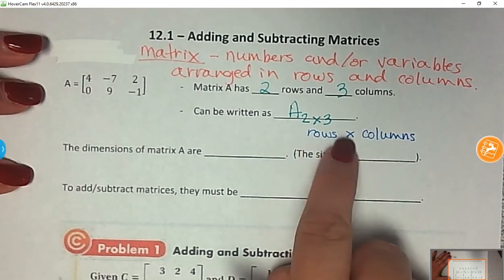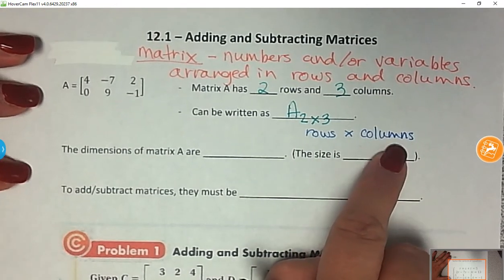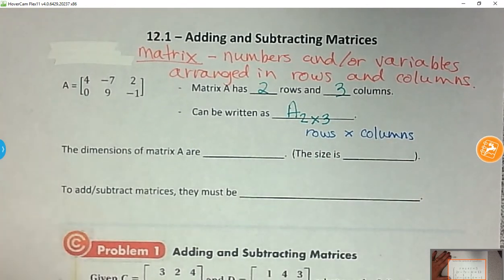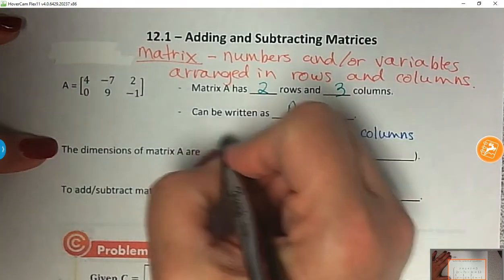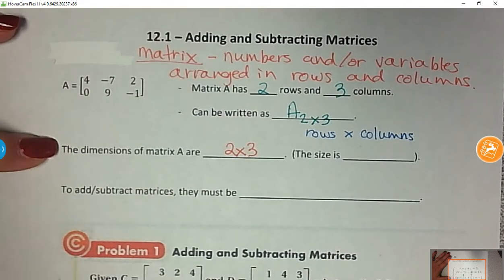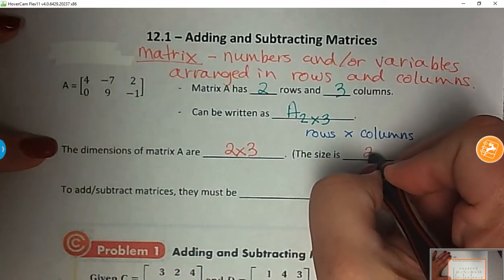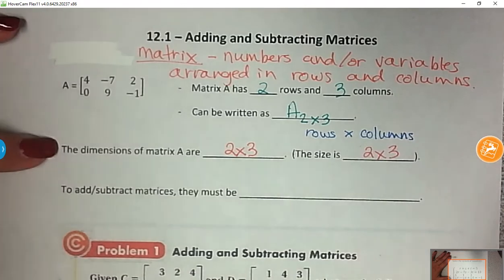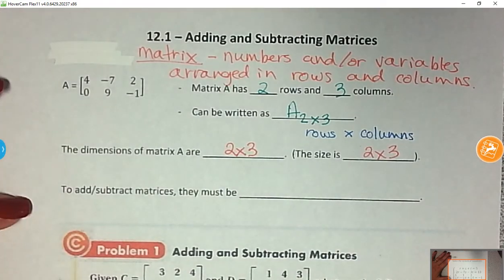This says rows by columns. So when I ask you for the dimensions of matrix A, it is a 2 by 3. Sometimes instead of asking for the dimensions, they will ask for the size of the matrix. That's the exact same thing. The size is also 2 by 3.